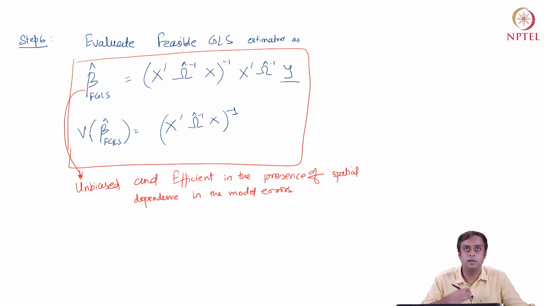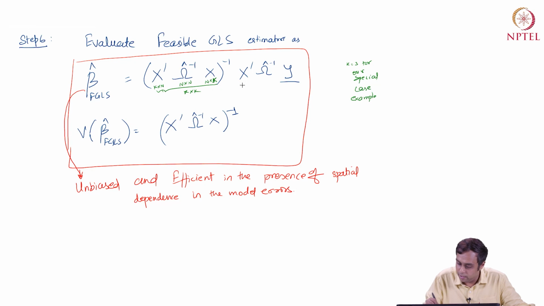As a last bit of this particular lecture, we can evaluate the size of this beta hat matrix. So we have a k by n. K is the number of regressors. Here it was k equals 3 for our special case example, right? I'm going to say that this is n by n, this is n by 3, n by k. So I'm looking at a k by k. Here I have again a k by n, an n by n, and an n by 1.